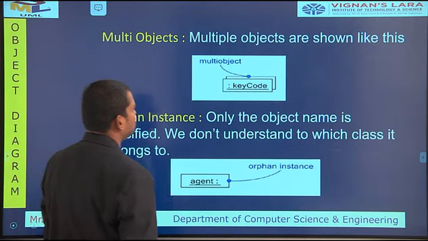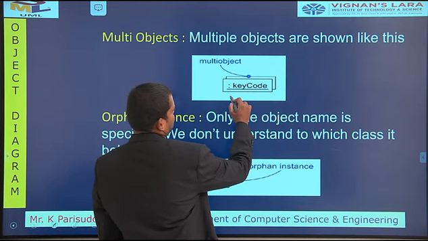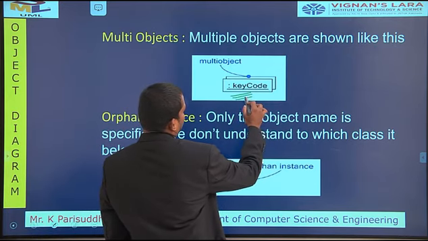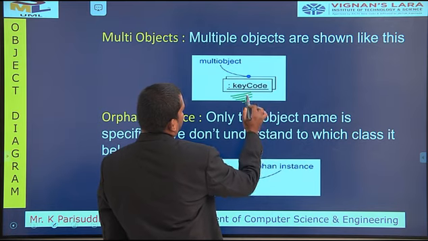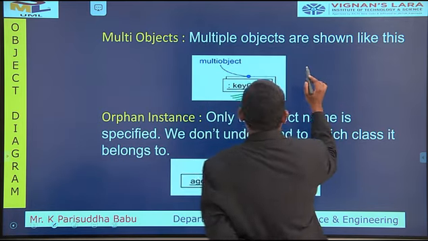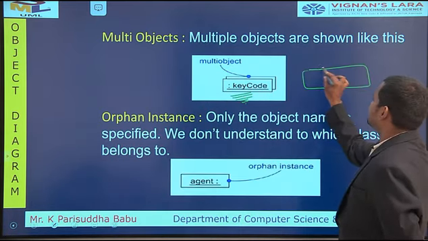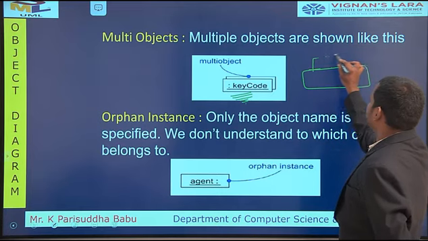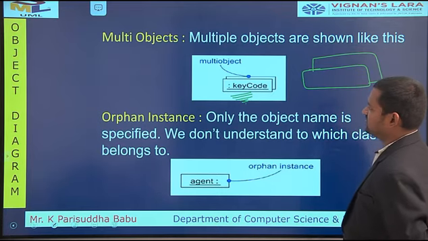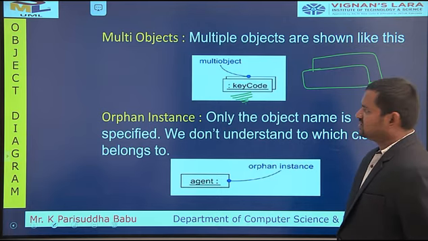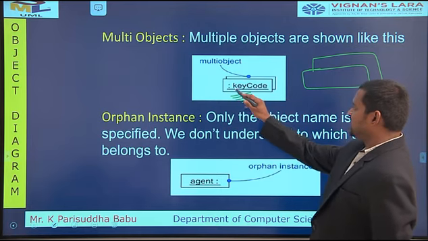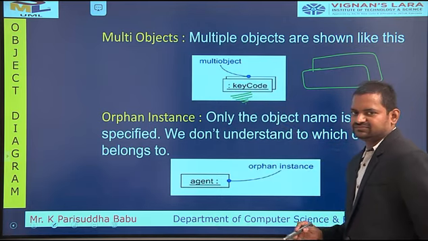How do we represent the number of objects? Like this. For multiple objects we have to draw like this, and the object name should be written underlined.